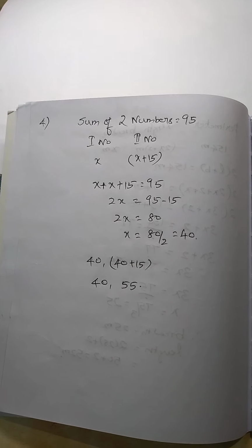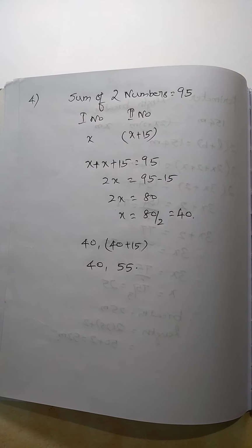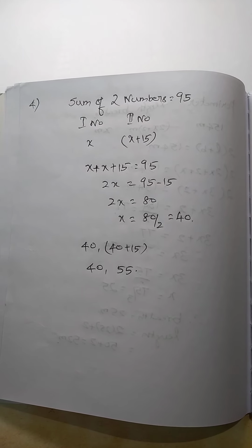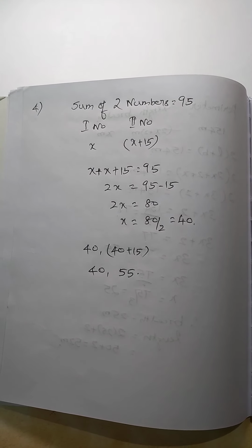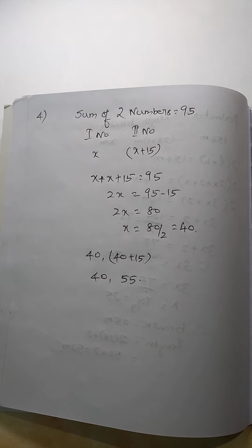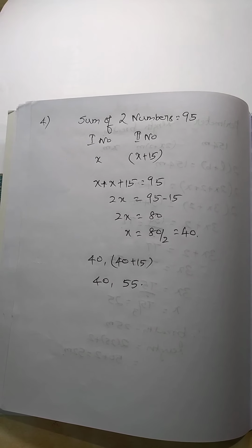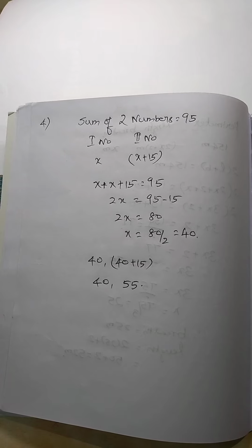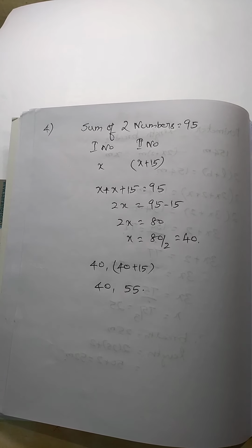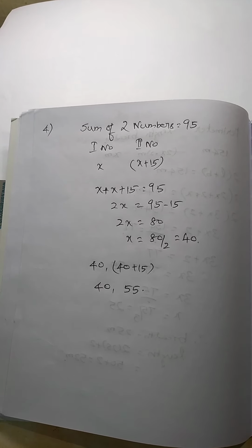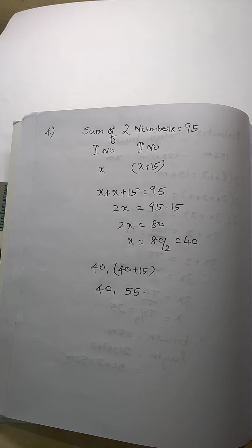The fourth question of the exercise is this. Sum of two numbers is 95. If one exceeds the other by 15, find the numbers. Now let us have the first number as x and the second number as 15 more than that x, so it becomes x plus 15. It is given that their sum is 95.